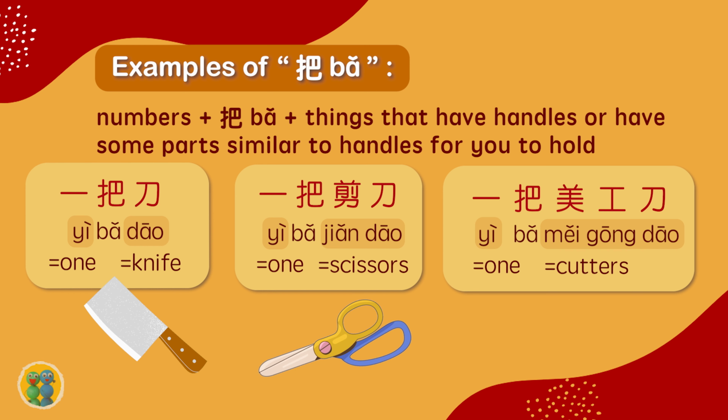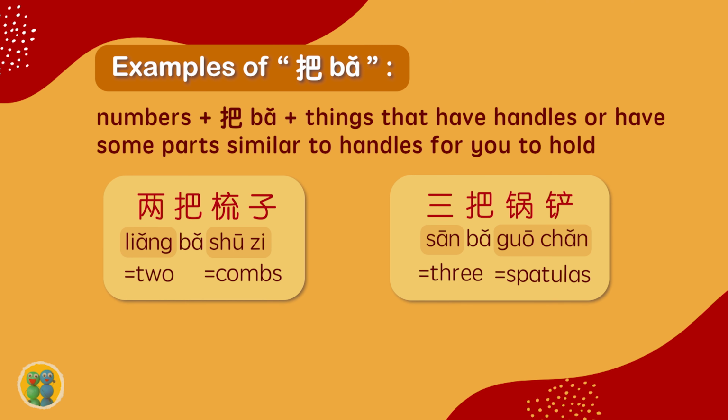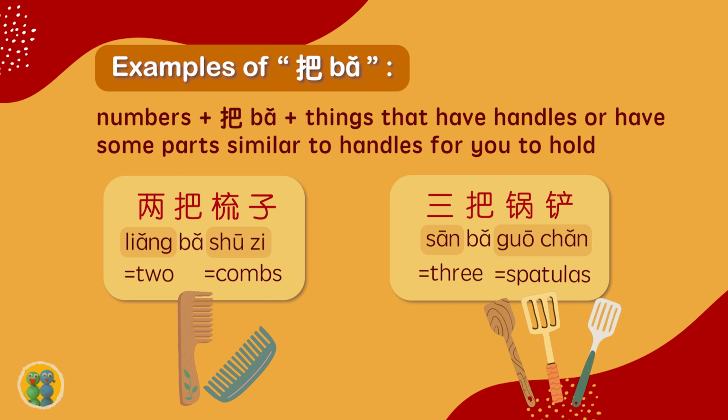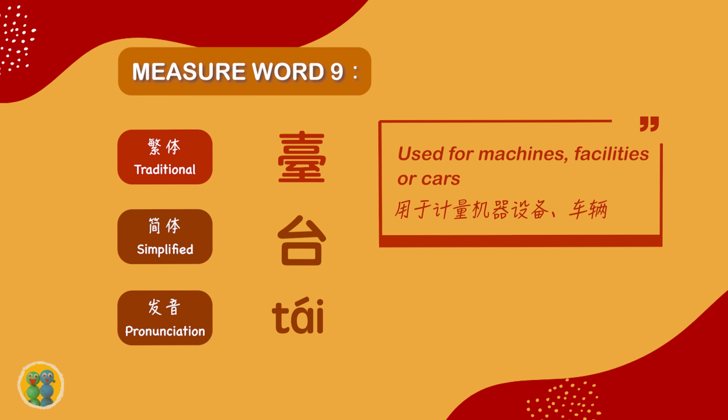It means one. 美工刀 means cutters. 两把梳子. 两 means two. 梳子 means combs. 三把锅铲. 三 means three. 锅铲 means spatulas.